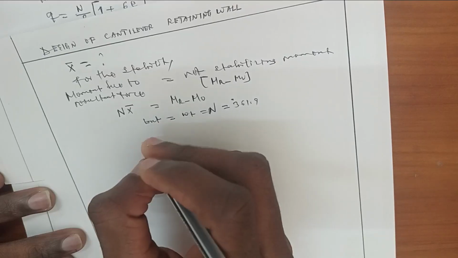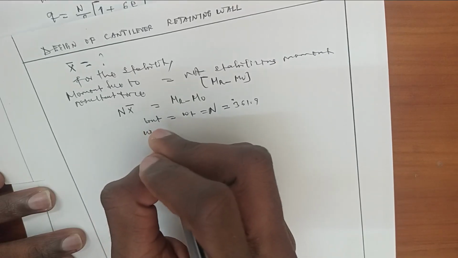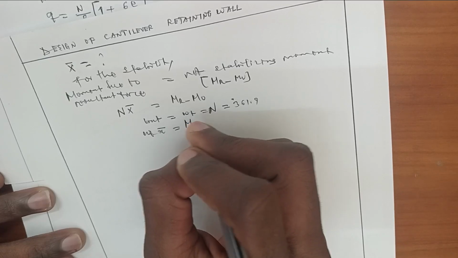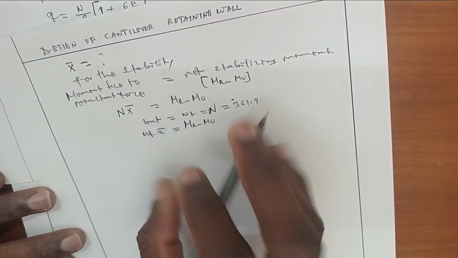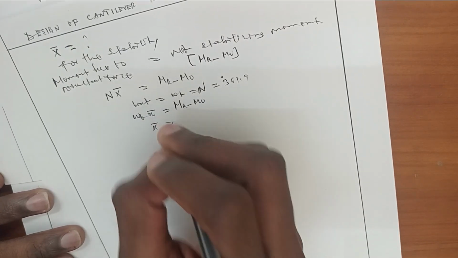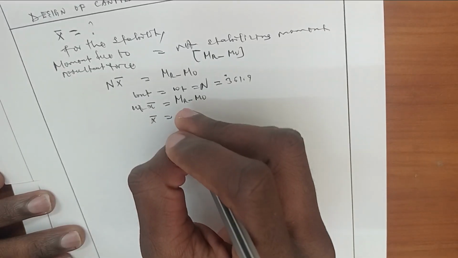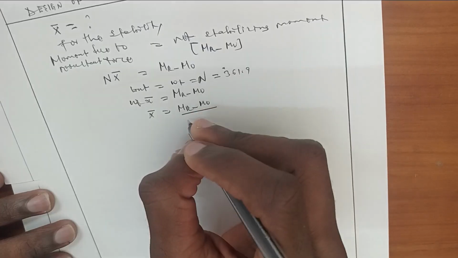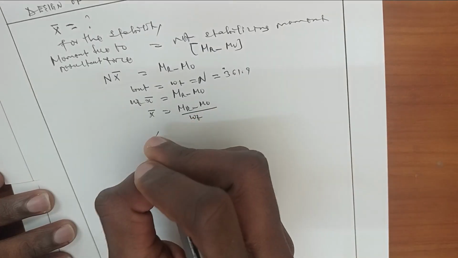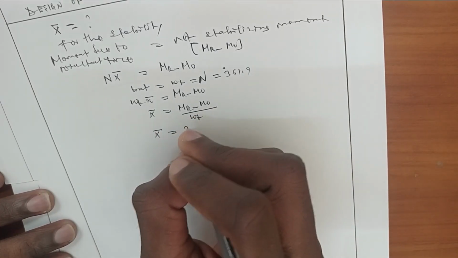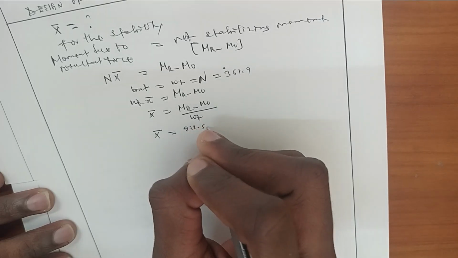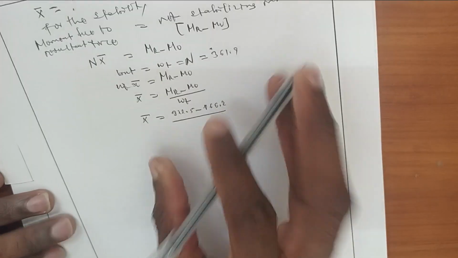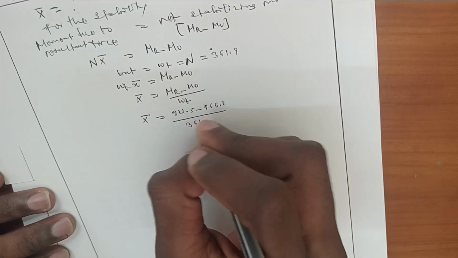So it will be equal to the total weight times the location of the resultant force, which equals resistance moment minus overturning moment. To obtain this, the location equals resistance moment minus overturning moment over total weight. Now, resistance moment is 822.5 minus 166.2, over total weight, which is 61.9.